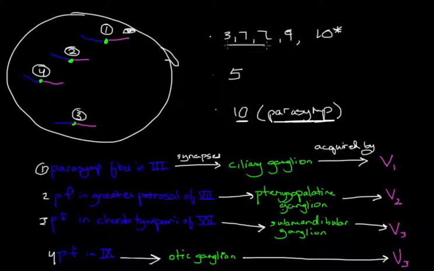So what actually does parasympathetics in your head are 3, 7, 7, 9, and then 5 takes it over. And 10, yes, technically does have parasympathetics, but it's only going to do it in your thorax and abdomen. So hopefully you can see why this is a slightly confusing topic, but now we've made it hopefully much more clear what all those parasympathetics are in the cranial nerves.